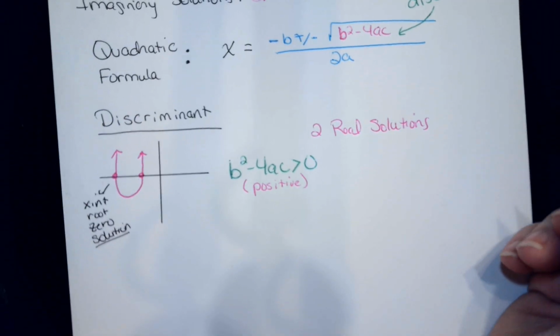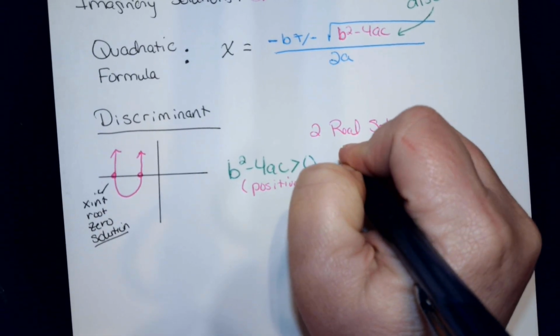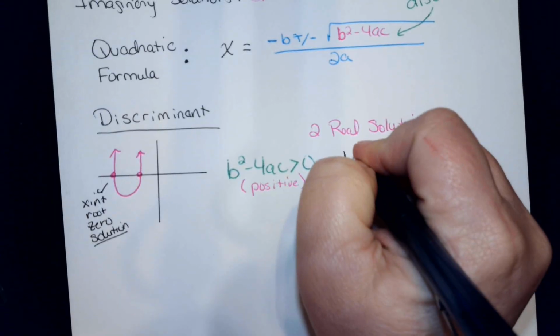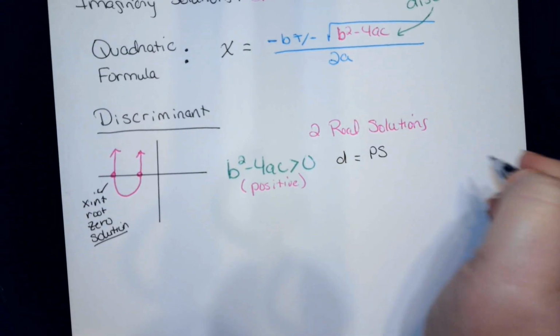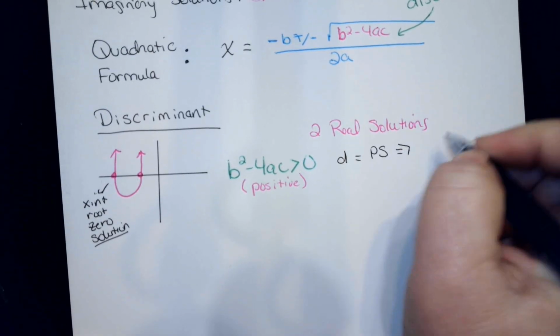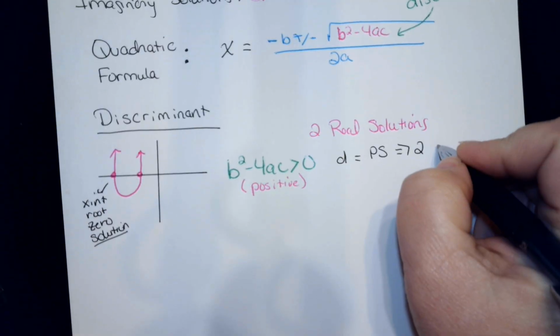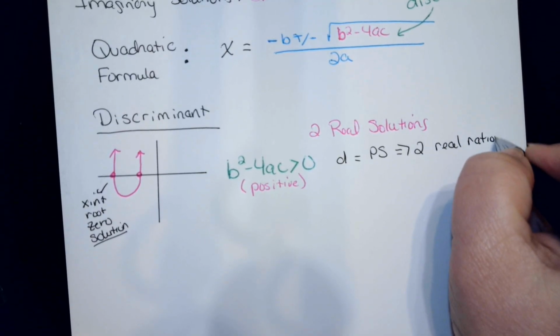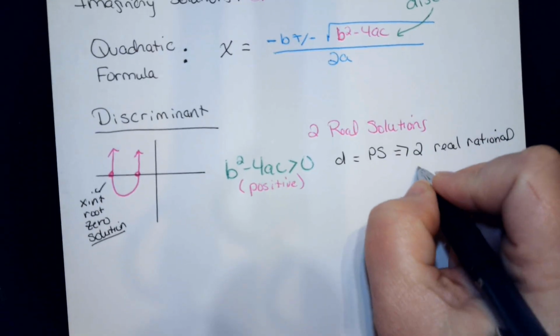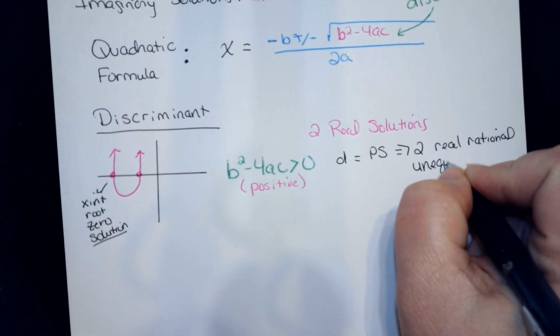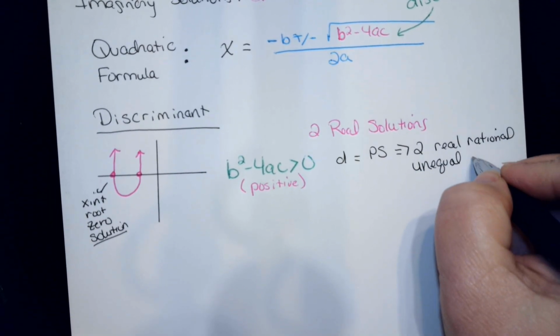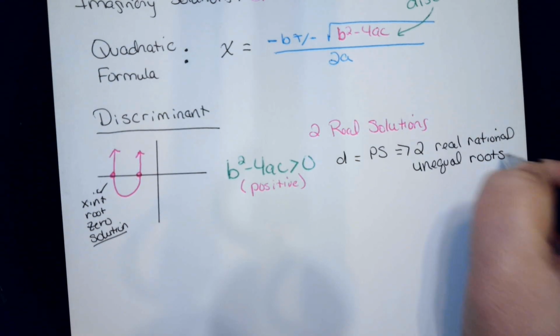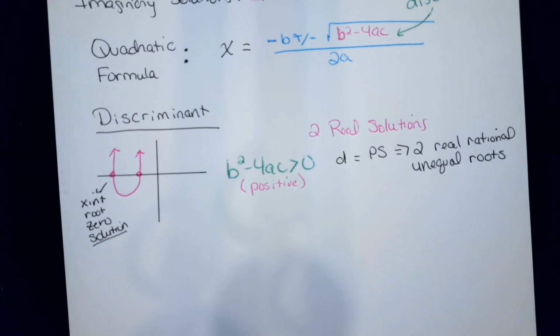And to be more specific, if your discriminant, I'm just going to call this d, is equal to a perfect square, then you're going to have what we call two real rational unequal solutions. And I'm going to write roots. Alright, so copy that down. I'm going to talk about what that means for a second.